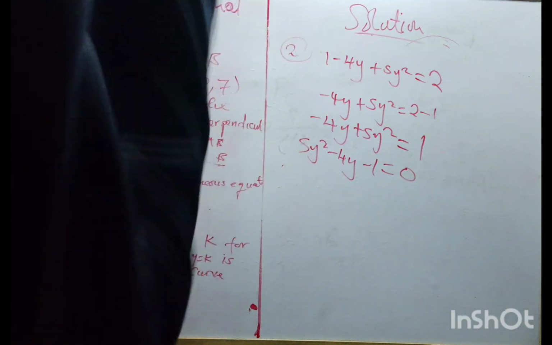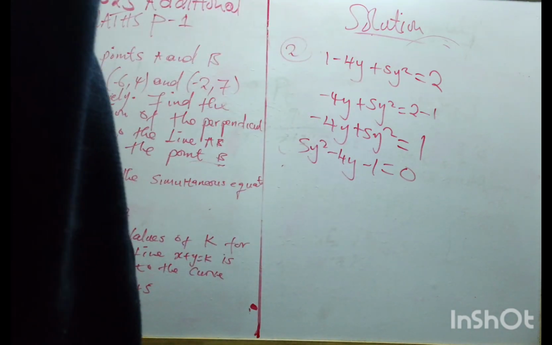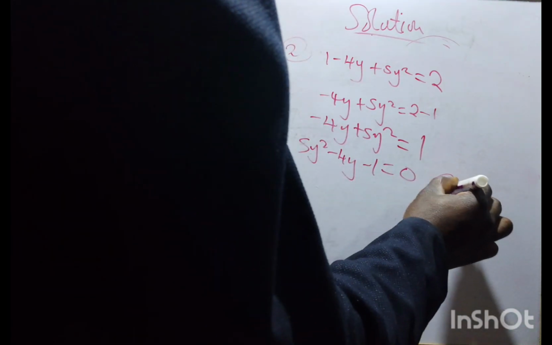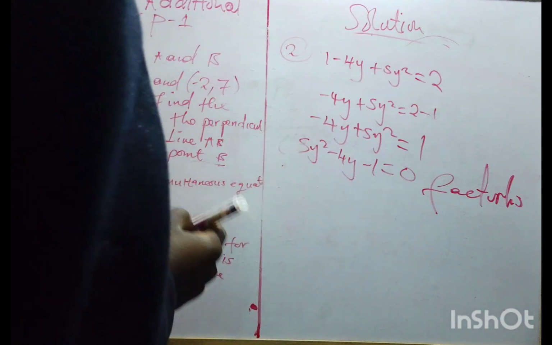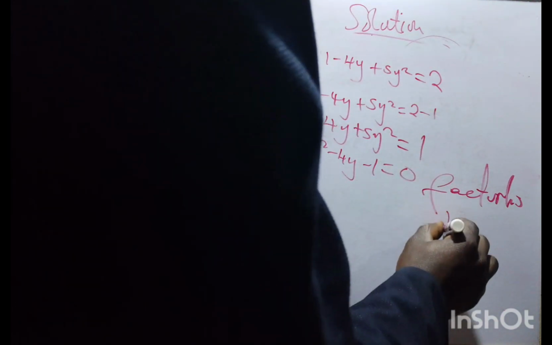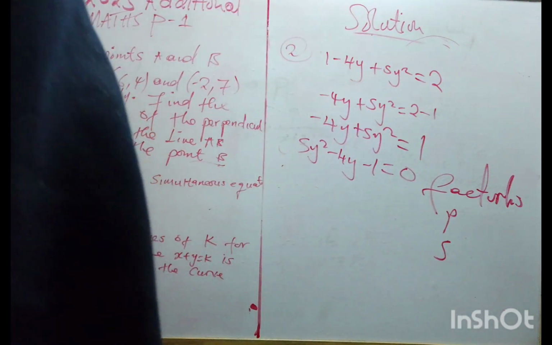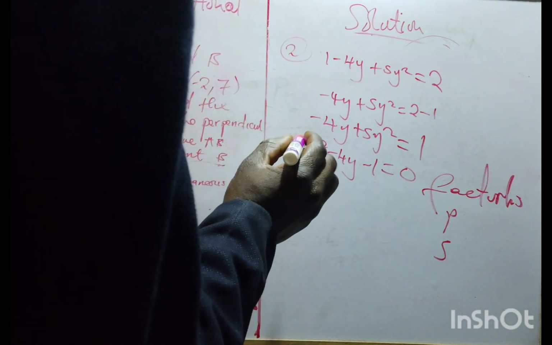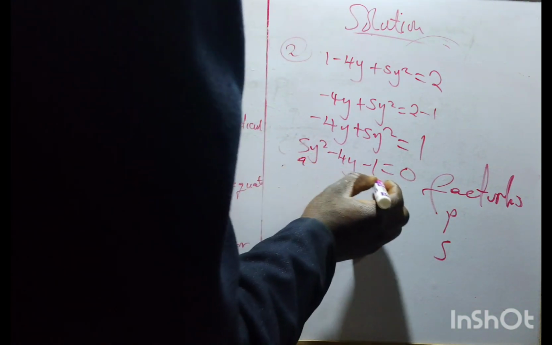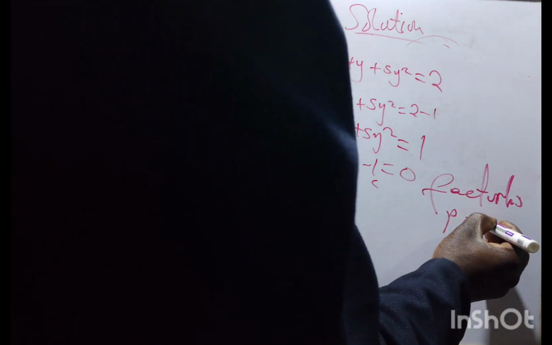It is simple for you to find the solution, in which we're going to use factorization. In factorization, we're going to find the product and sum. We all know that when finding the product, we multiply a times c, so our product is a times c, which equals minus 5.